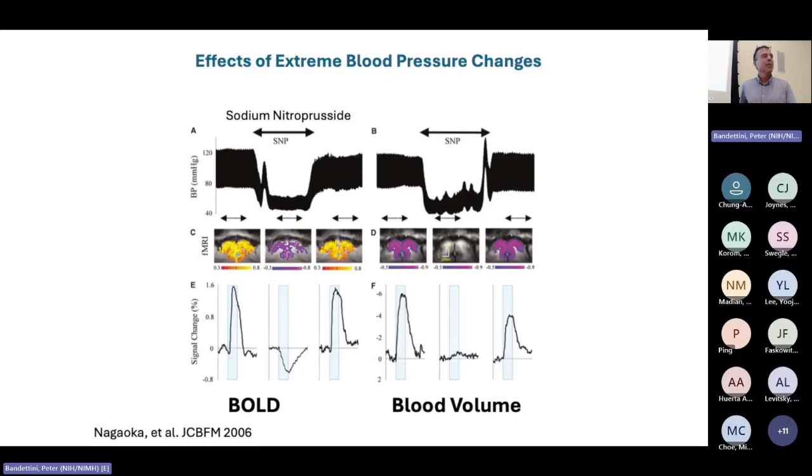About the study that you were talking about, the drug that they're using has no magnetic effect at all. I've always wondered, blood volume is a physical property, but BOLD is related to a magnetic property.